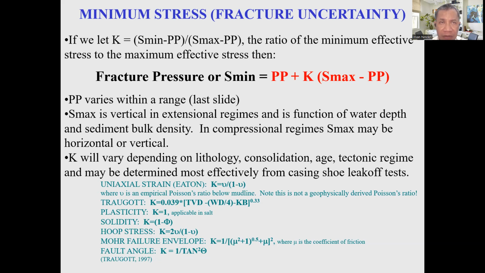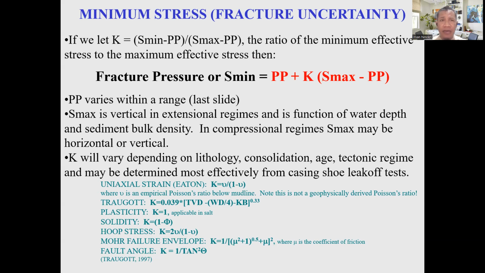Pore pressure varies within a range, meaning that pore pressure, which represents fracture pressure or minimum effective stress, can have different values within a specific range. The value of S max, which represents maximum effective stress, depends on the water depth and sediment bulk density in extensional regime, either vertical or horizontal in compressional regime.